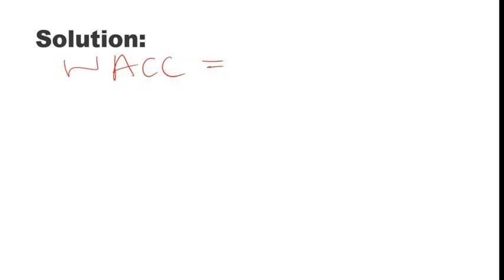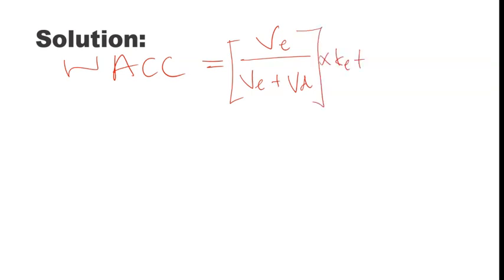Remember from the formula, WACC is VE over VE plus VD multiplied by KE, plus VD over VE plus VD multiplied by KD(1 minus T).